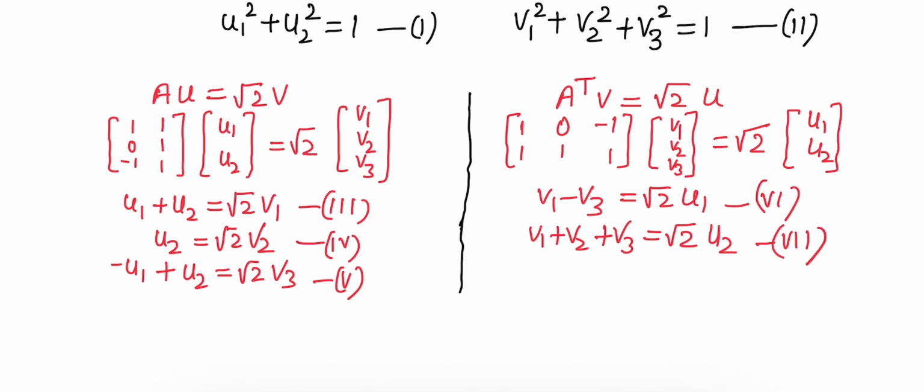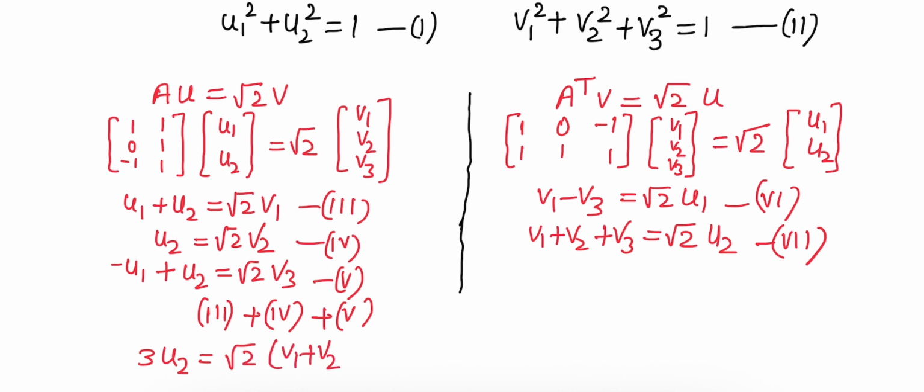After adding 3, 4, and 5, we get 3u2 equals root 2 times (v1 plus v2 plus v3), and you know this v1 plus v2 plus v3 equals root 2 u2.